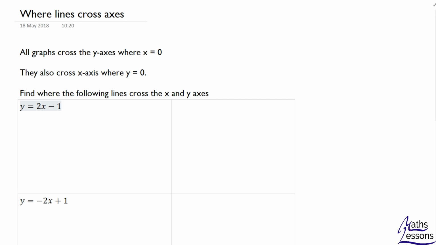Right, have a look at this then. So we're going to look at where it crosses the y-axis where x equals 0. So let's make x equals 0. So that implies that y will equal 2 times 0 minus 1. So y equals minus 1. So it crosses the y-axis at minus 1. And we can find out where it crosses the x-axis. We get y equals 0. If y equals 0, we know this implies that 0 is equal to 2x minus 1.